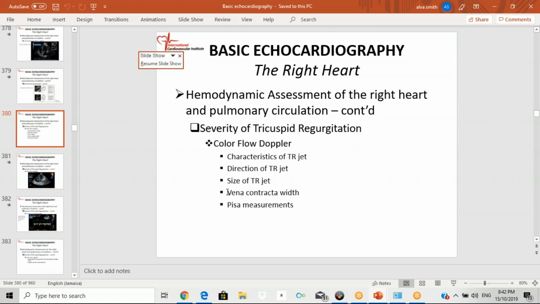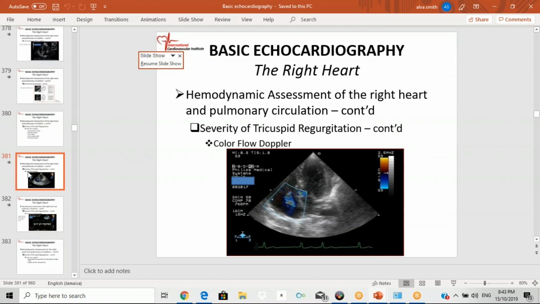And then the vena contracta is probably the most accurate tool you have to assess severity. And remember, the vena contracta is just the width of the regurgitant jet. And then PISA measurements, you have to know how to use the PISA method to assess severity, because that's what they're going to test you on.